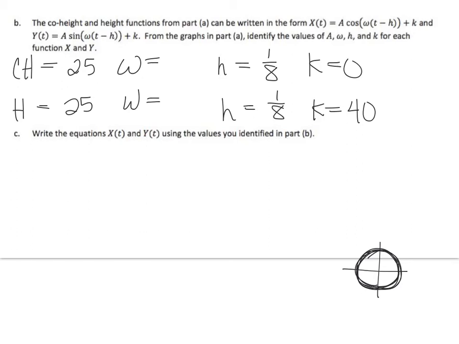So our omega, we're going to go around this circle 2 times, so we have 2 pi and 4 pi. Our h is our phase shift, the horizontal translation of the graph from the original sine function. So we're actually going to go to the right by 1/8.